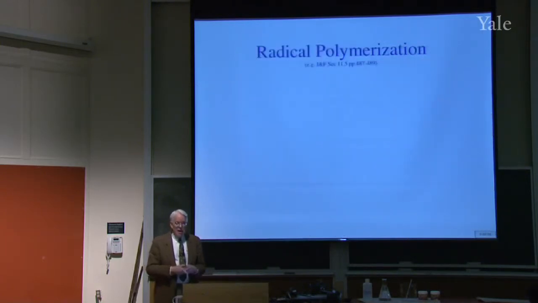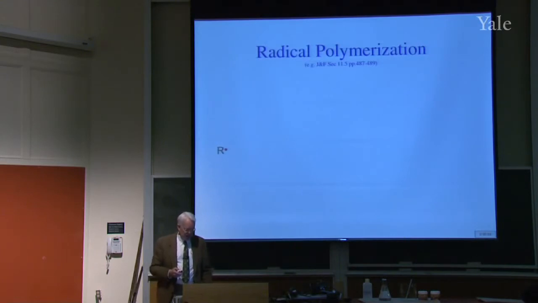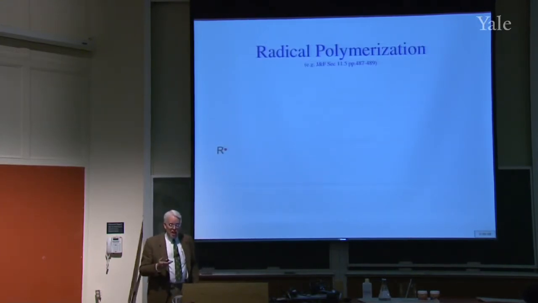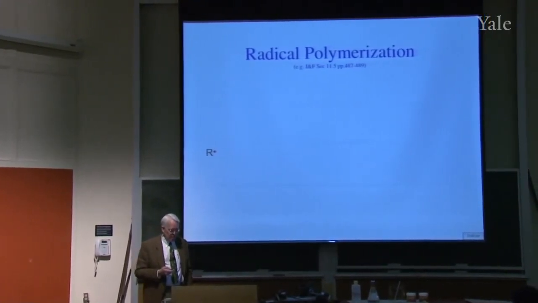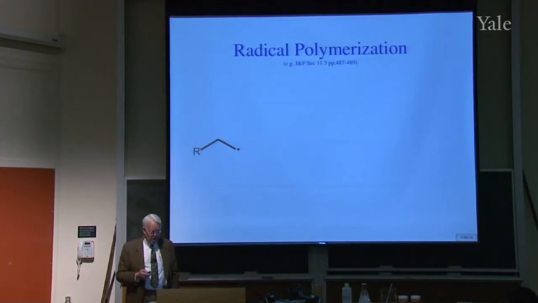Okay. Now, as I promised, you can also do free radical polymerization. I said we'd discuss that. So this was the earliest kind of polymerization studied in laboratories. Okay. So alkene comes in, bingo. Another one, bingo, bingo, bingo, bingo. So we're growing a long chain.